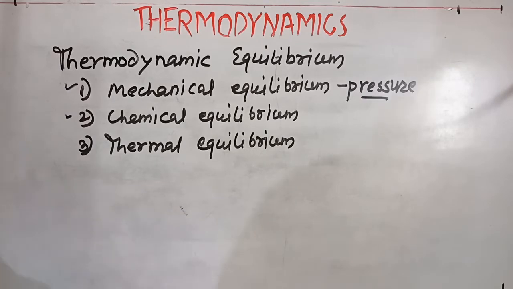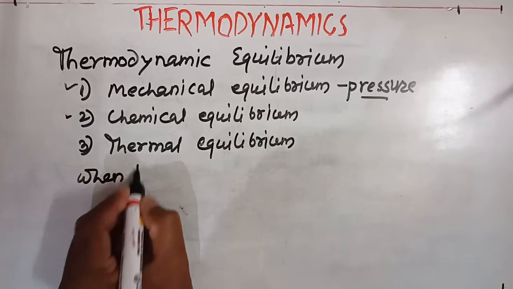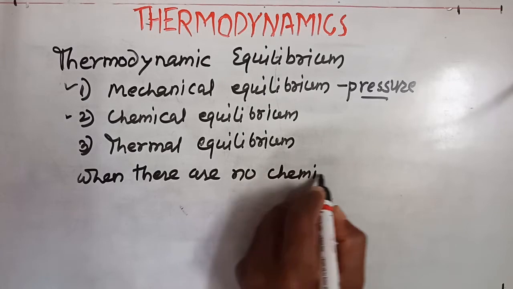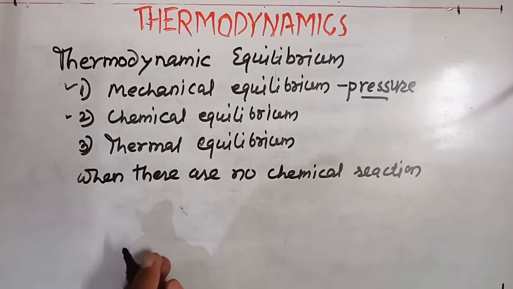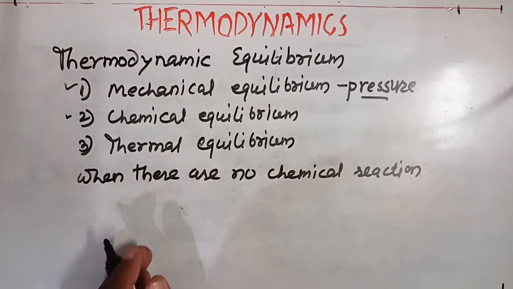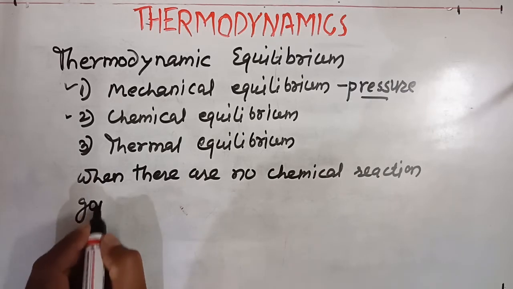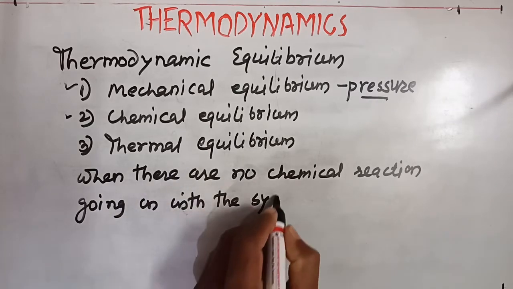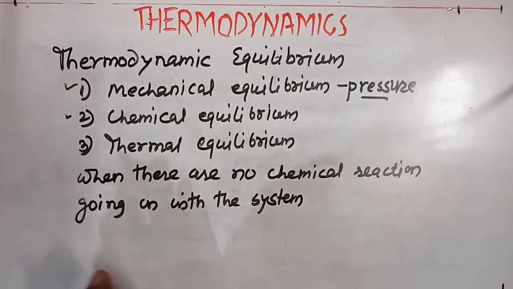Let us see what is this chemical equilibrium. A system is said to be in chemical equilibrium when there are no chemical reactions going on within the system. In that system, there is absence of any chemical reaction.